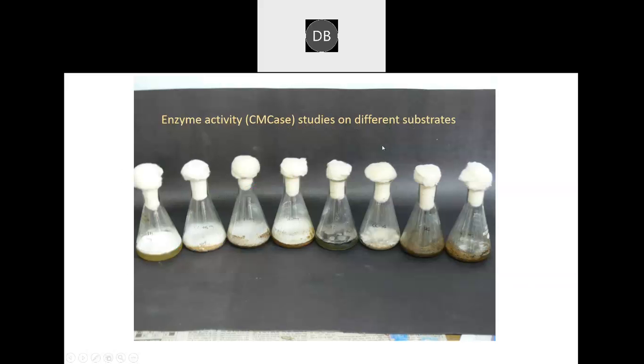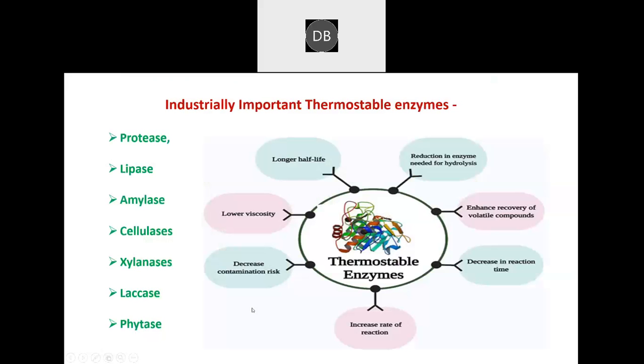This photograph shows the enzyme activity, carboxymethyl cellulase studies on different substrates. Substrates were taken from different sources, and the fungi were also different, for the study of crude enzyme extract as CMCase activity. Then these fungi yield industrially important thermostable enzymes. Thermostable means they are stable at high temperature.